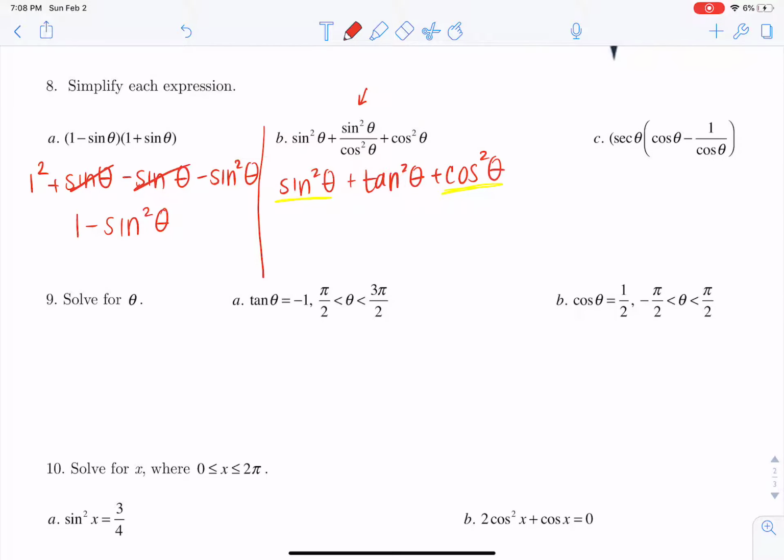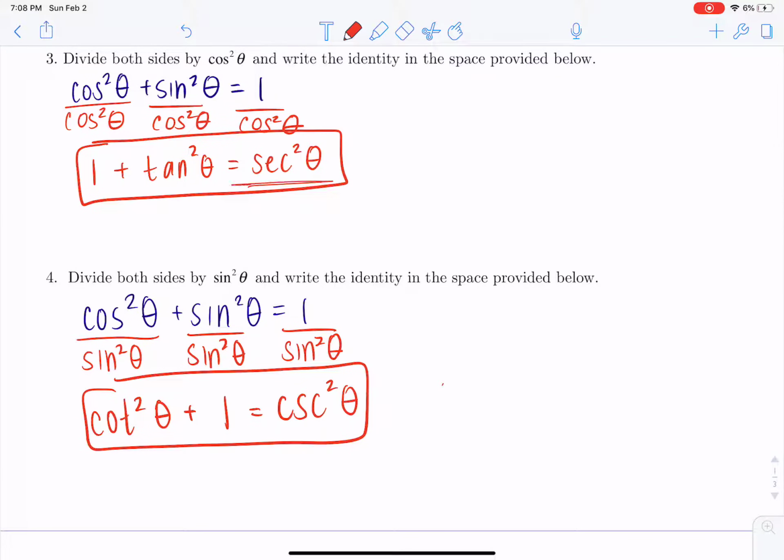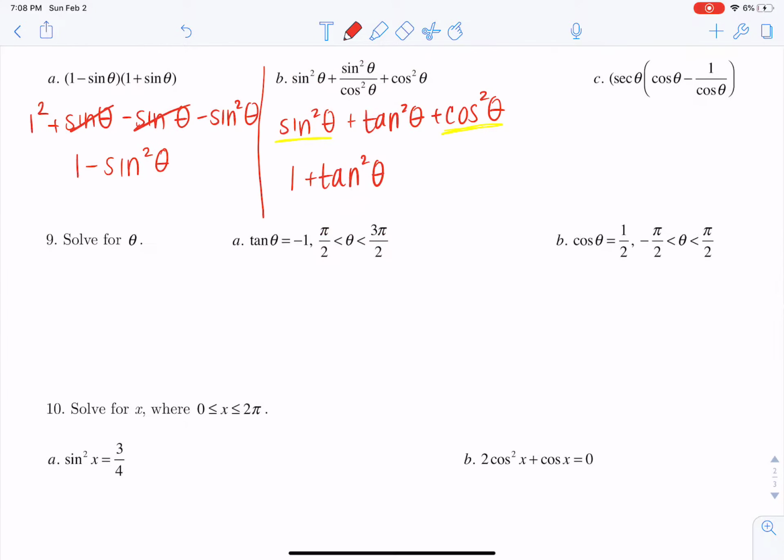So I'm just going to call this 1 plus tan squared theta, which I know if I come back up here, 1 plus tan squared theta is equal to secant squared theta. So this whole thing simplifies to secant squared theta, and there's my final answer for that.